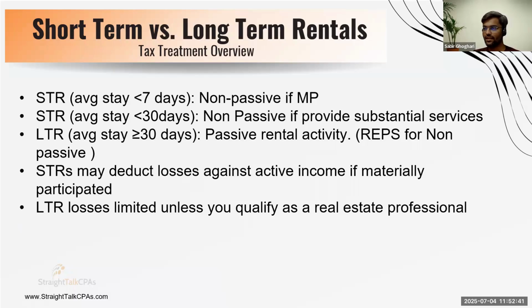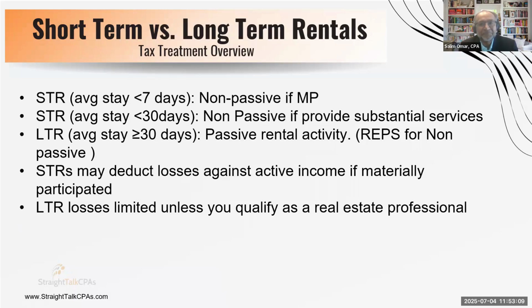There is another rental allowance of $25,000, but it is for folks earning less than 100K AGI. It phases out from $100K to $150K. Once your AGI is above 150K, you will not get any allowance, even for long-term rentals.